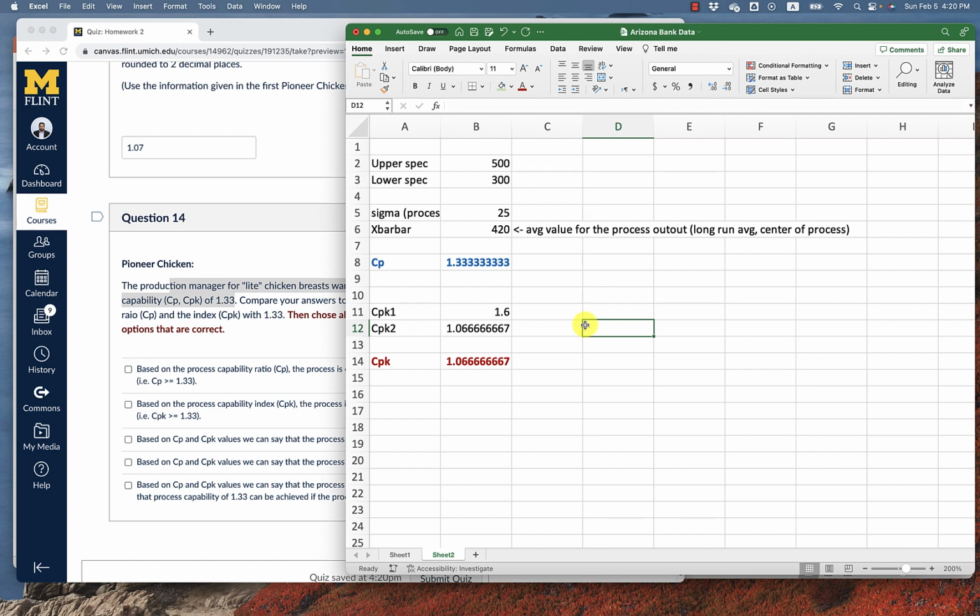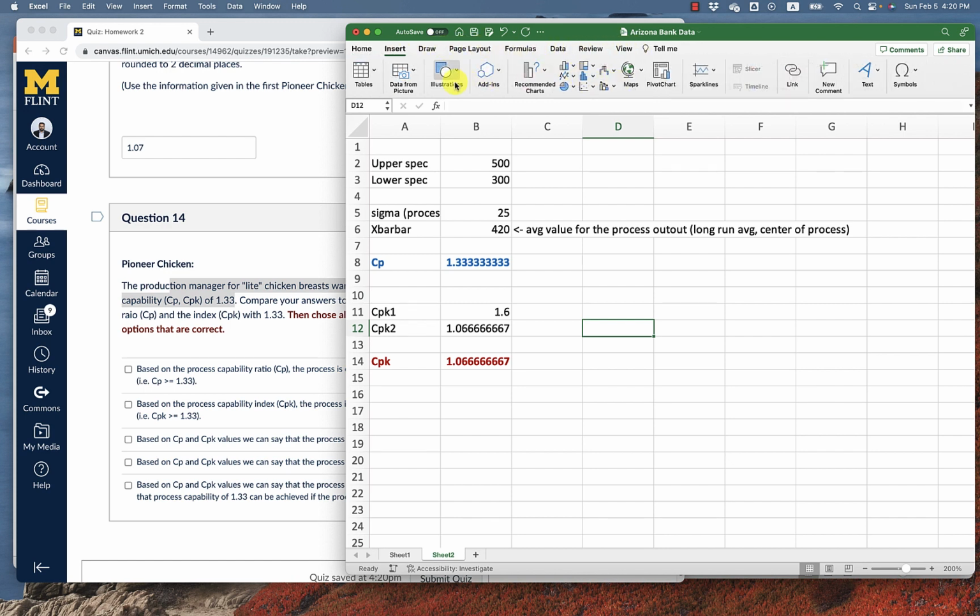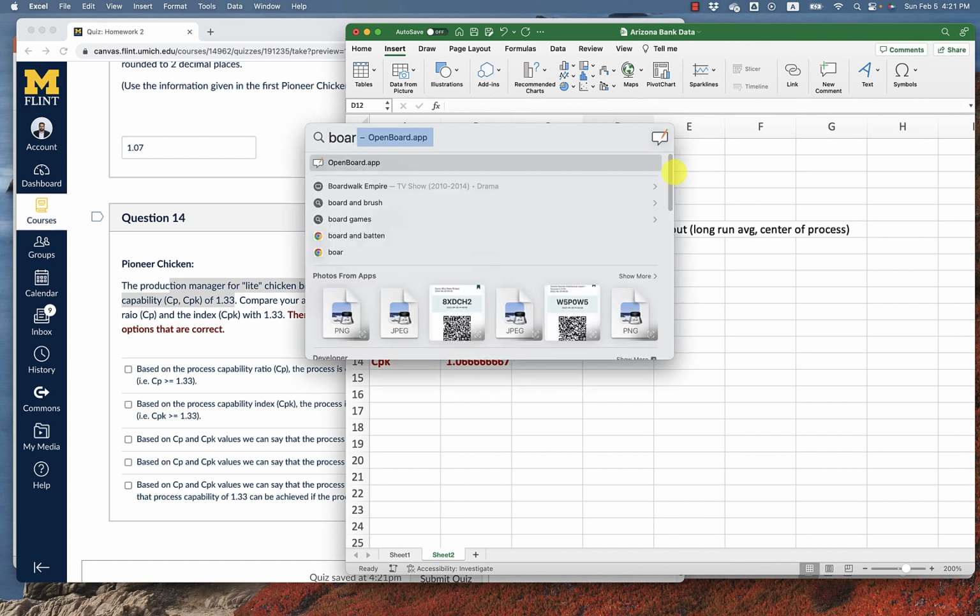That means, let me see if I can find a place to draw. Open board.